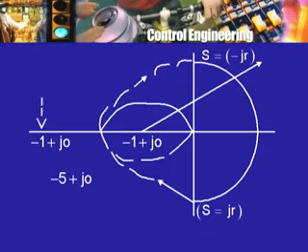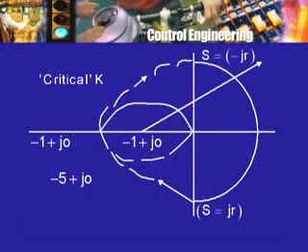As a result, this point minus 1 plus j0, which clearly lies outside of this contour, is no longer going to be so. And now, instead of drawing a figure on the same scale, because then my image contour will just go out of the paper, I am going to ask you to think of a change of scale, so that the contour remains the same, but the point minus 1 plus j0 changes its location.